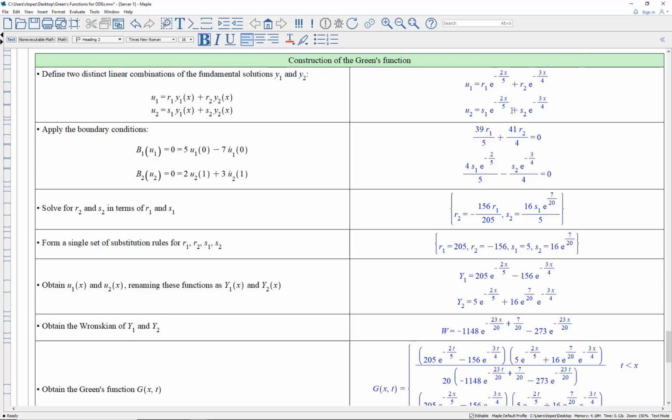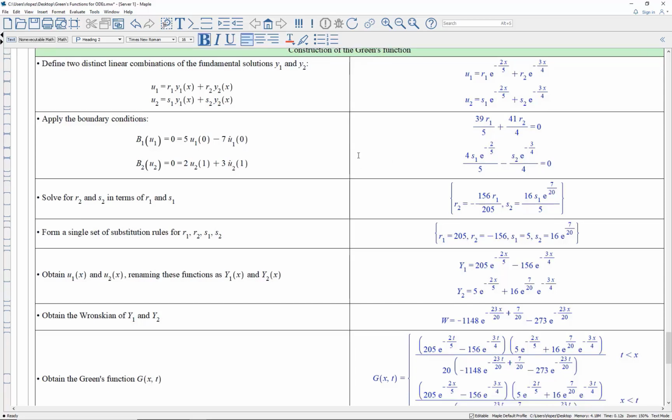Here are those two linear combinations. We apply the leftmost boundary condition to U1, we get this, and we apply the rightmost boundary condition to U2, we get that. So we have these two equations, but there are four constants, R1, R2, S1, S2. We have two conditions, so there's some freedom here in how you choose these solutions.